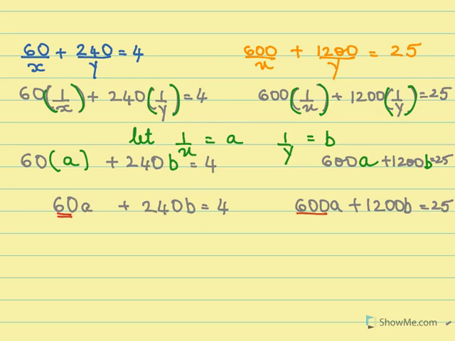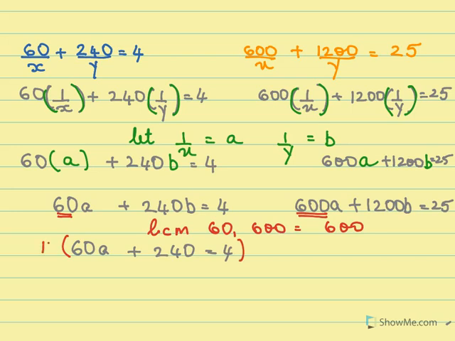It's time to equate the coefficients. Here I have 60, here I have 600. So the LCM of 60 and 600 will be 600. So the first equation, 60a plus 240b equal to 4, I need to multiply by 10 because I need 600.